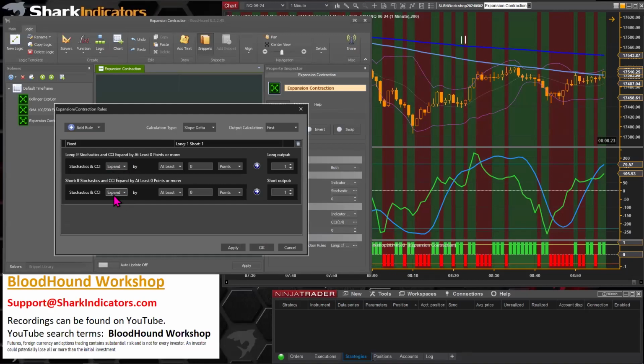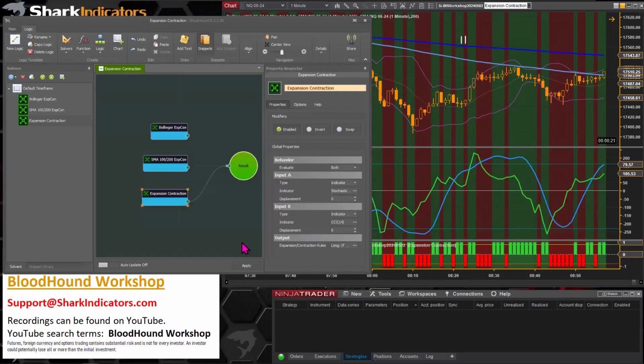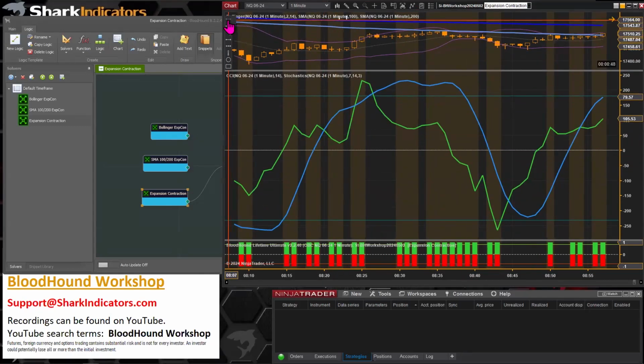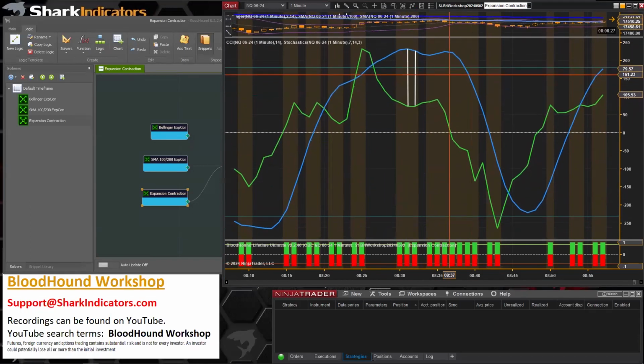So let's take a look at expansion here. Yep, and good. I think I found a good example already. So yeah, luckily we are visually able to see that what we're seeing on the chart, those are actually contracting.